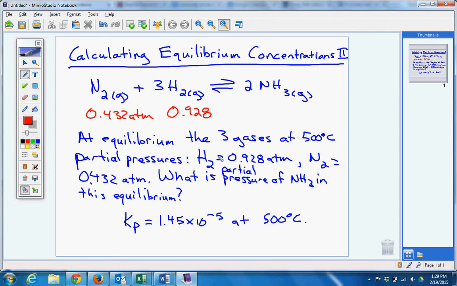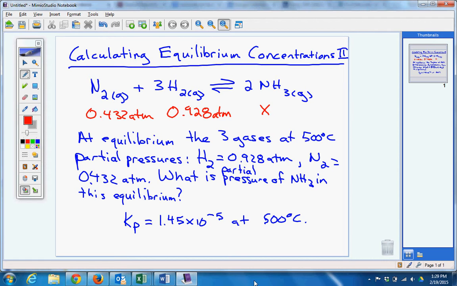Well, at initial. So if you're unsure, what do you put? X. Is that initial or equilibrium? All right? So at equilibrium, the 3 gases, the partial pressures are this, this, and this. What is the partial pressure of NH3?